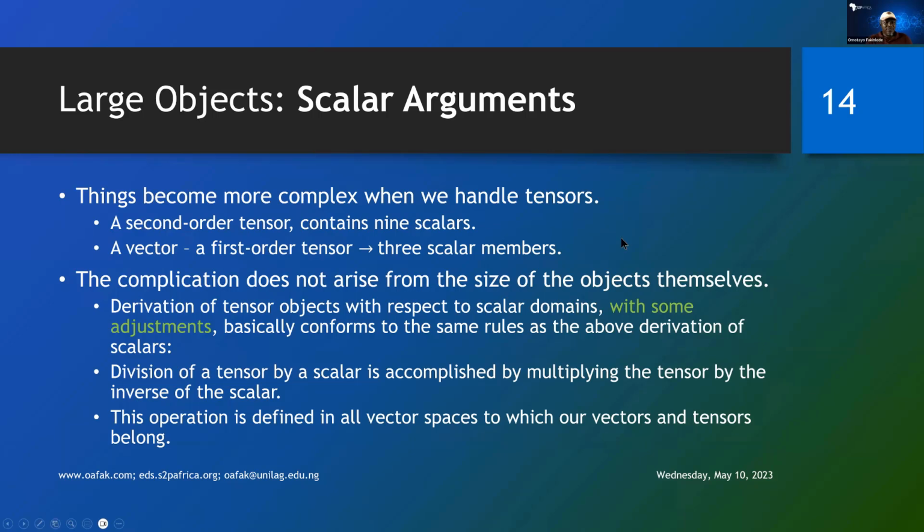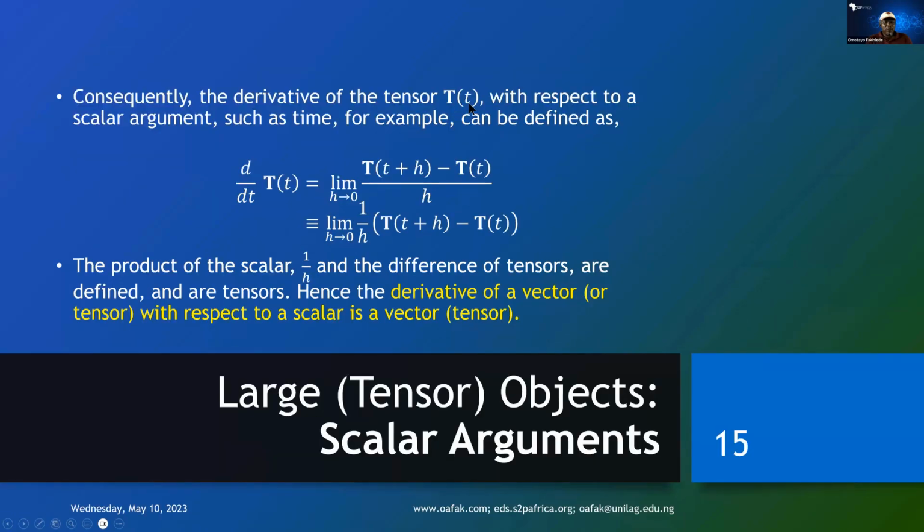The derivative of a tensor function of a scalar argument with respect to a scalar argument, such as time, for example, can be defined as dT/dt equal to the limit as h tends to 0 of T of t plus h minus T of t over h, which is the same thing as the limit as h tends to 0 of 1 over h multiplied by that bracket.